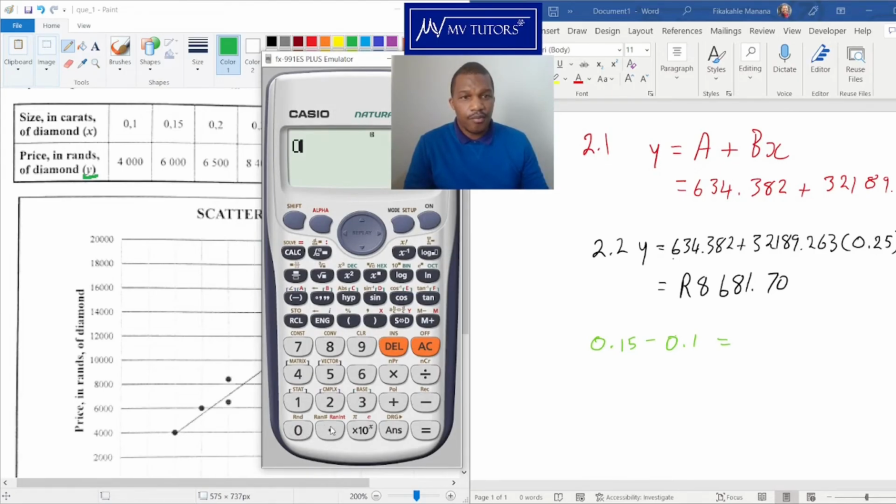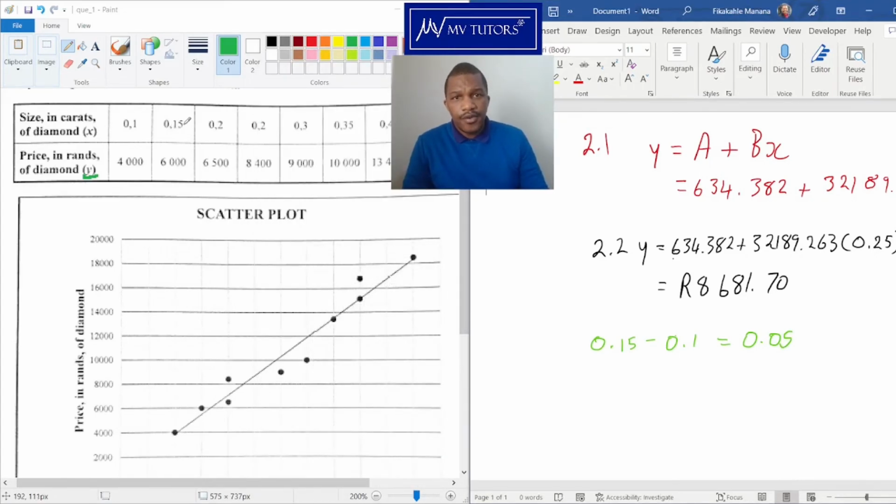So I said 0.15 minus 0.1, and that gave me 0.05, right? And then 0.15, the price is 2,000, right? Minus 0.1 is 4,000. I just said 2,000 and you guys kept quiet as if I was correct.